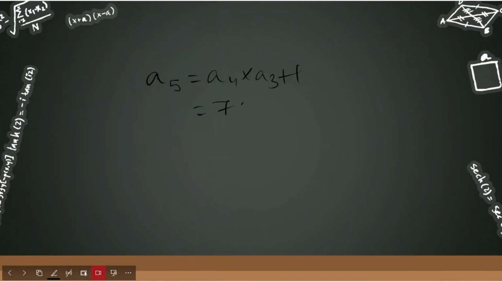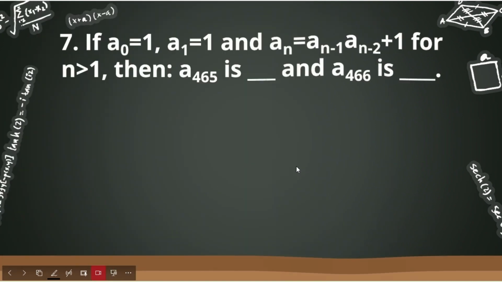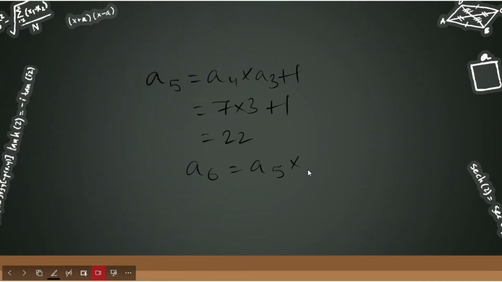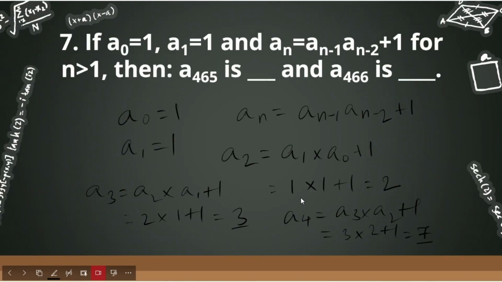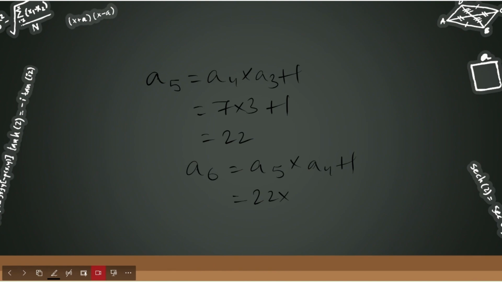So 7 into 3 plus 1, that's 22. a6 will be a5 into a4 plus 1, that will be 22 times 7, which is 154, plus 1, which is 155.